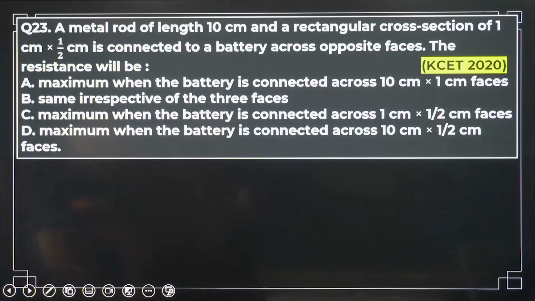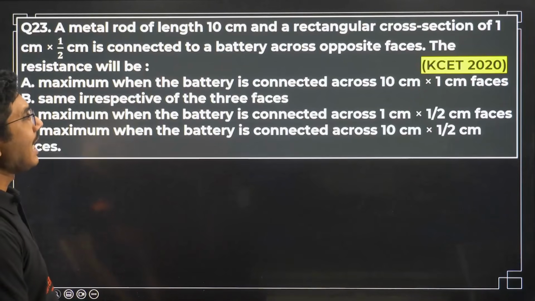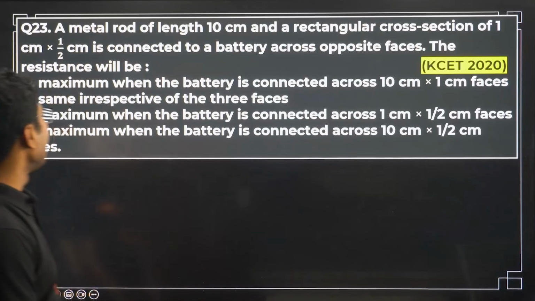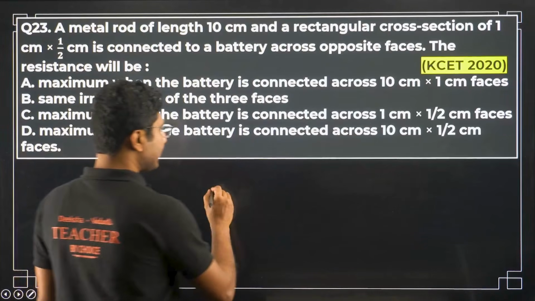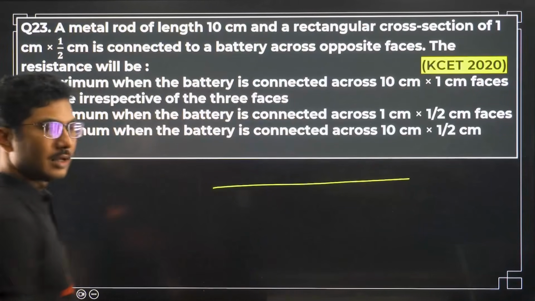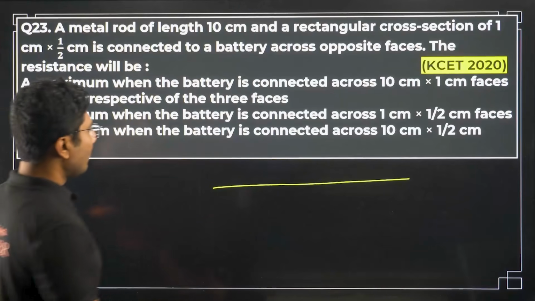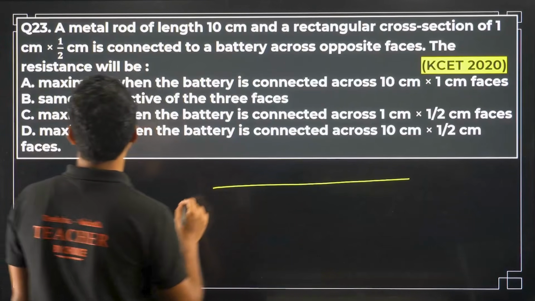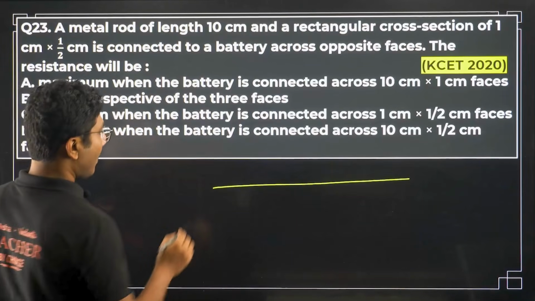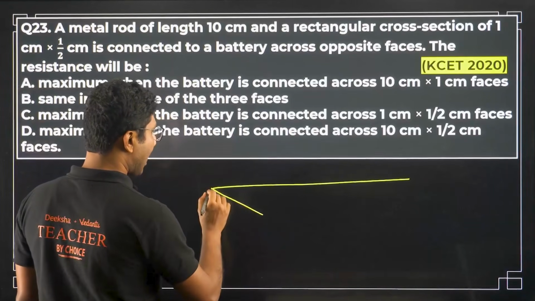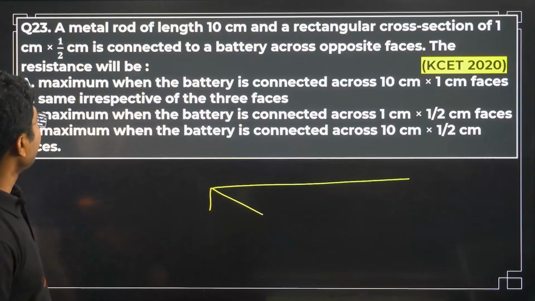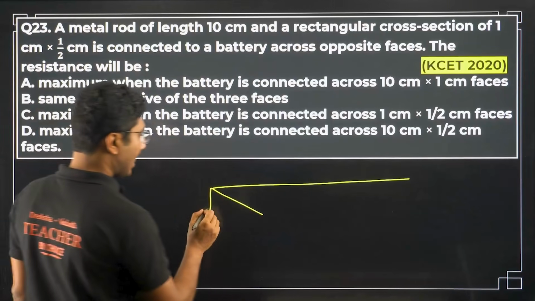Next question. Let's see. A metal rod of length 10 centimeter and rectangular cross section of 1 centimeter into half centimeter is connected to a battery across opposite faces. The resistance will be... so let's see, 10 centimeter length, 1 centimeter width and half centimeter height.